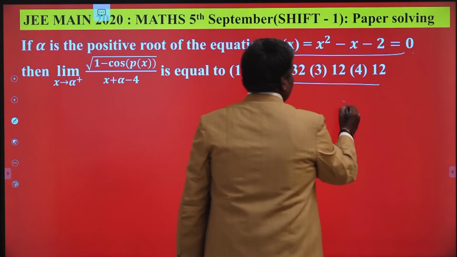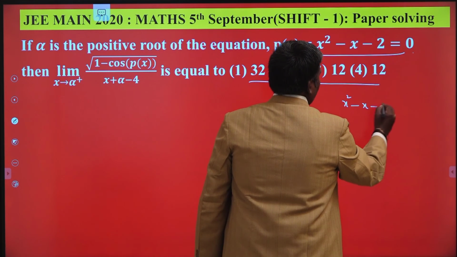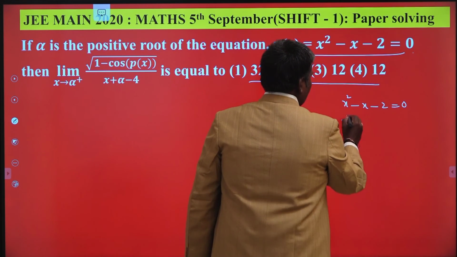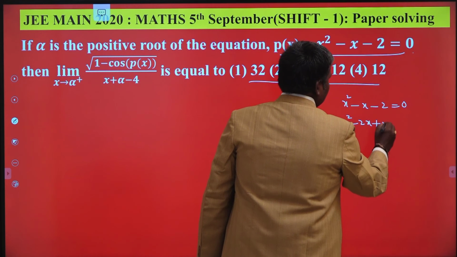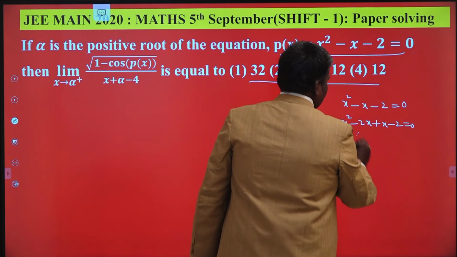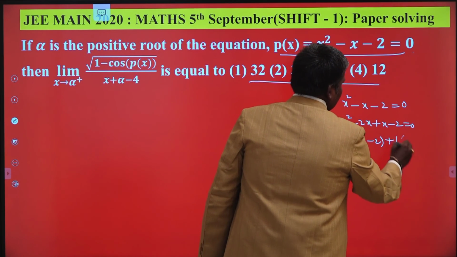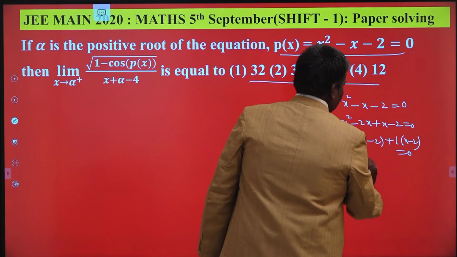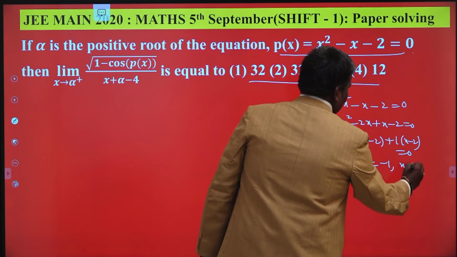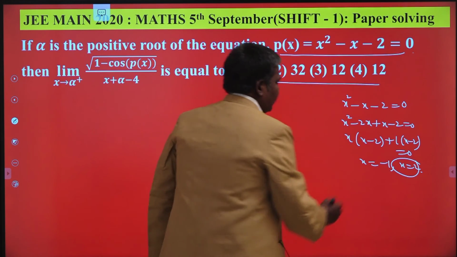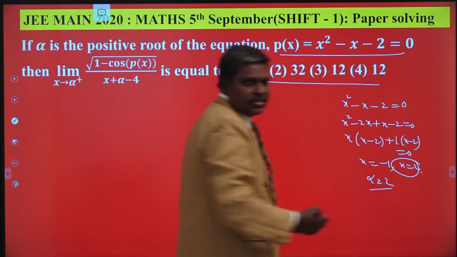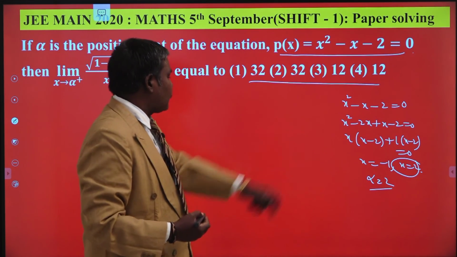First of all, we calculate the roots of the equation. x square minus x minus 2 equal to 0. That means x square minus 2x plus x minus 2 equal to 0. That is x into x minus 2 plus 1 into x minus 2 equal to 0. That is x is equal to minus 1, x equal to 2. What you have to take? Alpha is equal to 2 because this is your positive value. Alpha is equal to 2.